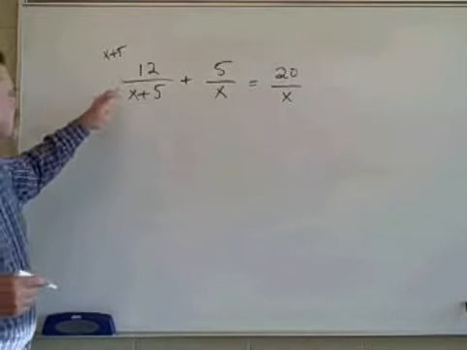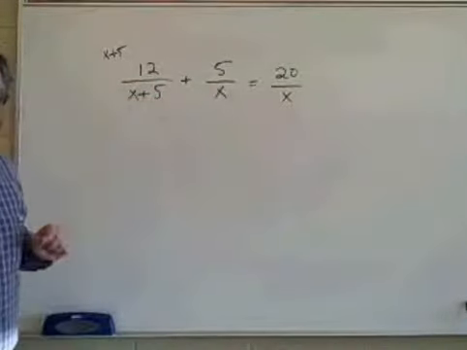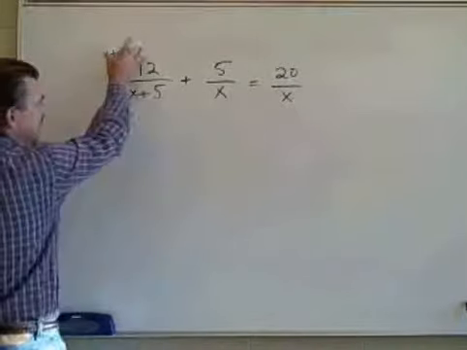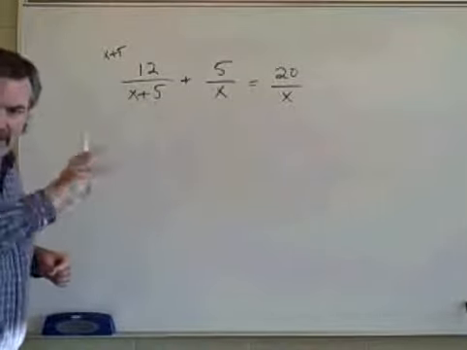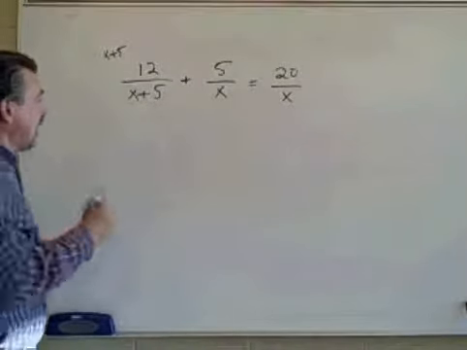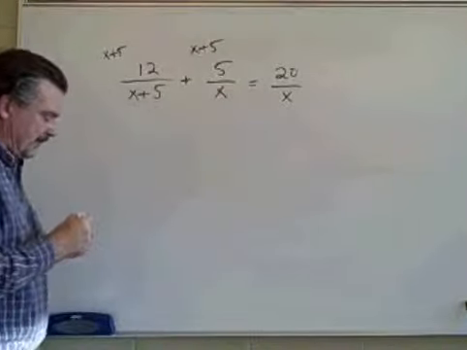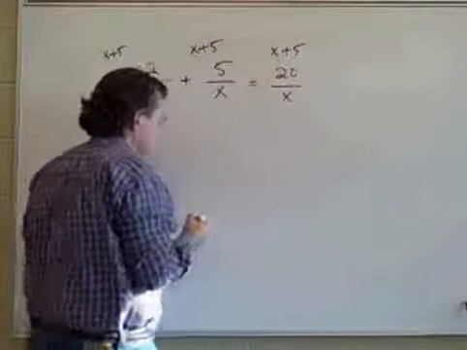But of course, I can't just multiply this fraction by something and multiply the others by something else. That destroys my equation. So if I need to multiply this fraction by x plus 5 to cancel the denominator there, I'd have to multiply this fraction by x plus 5. And I'd have to multiply this side of the equation by x plus 5.